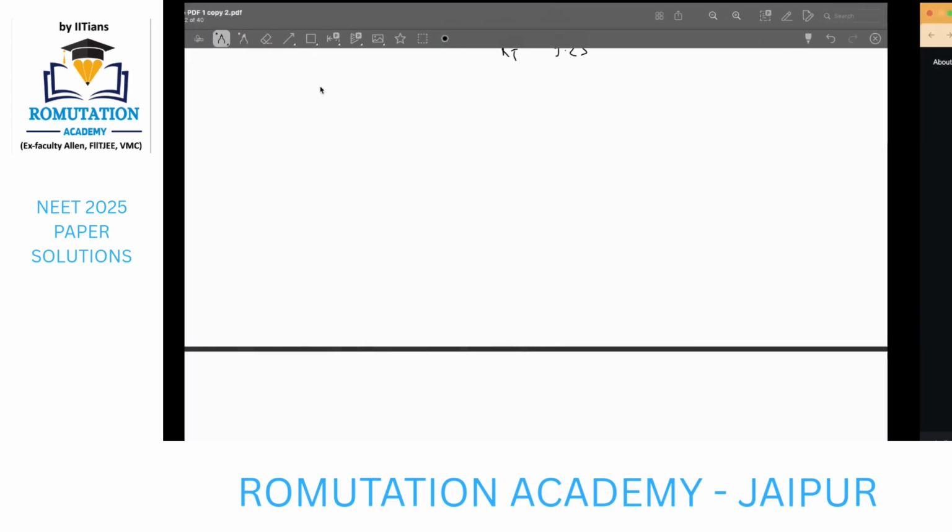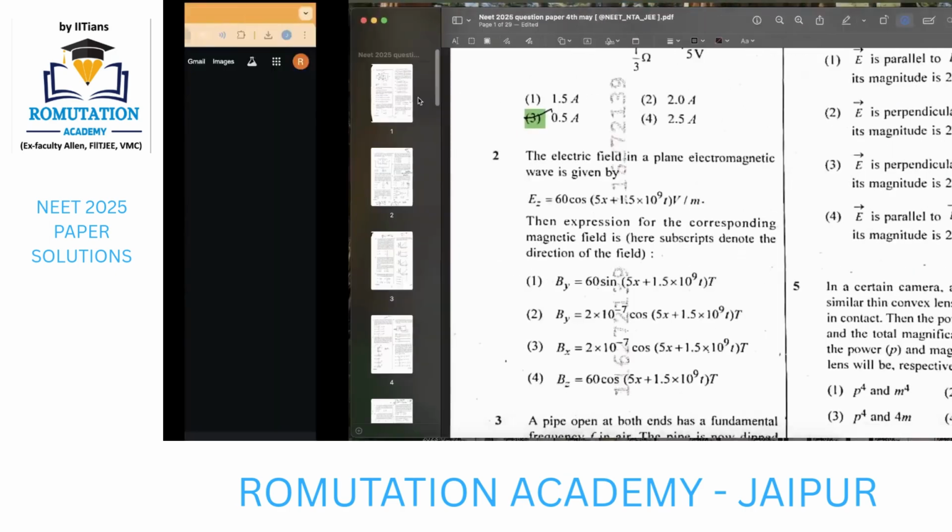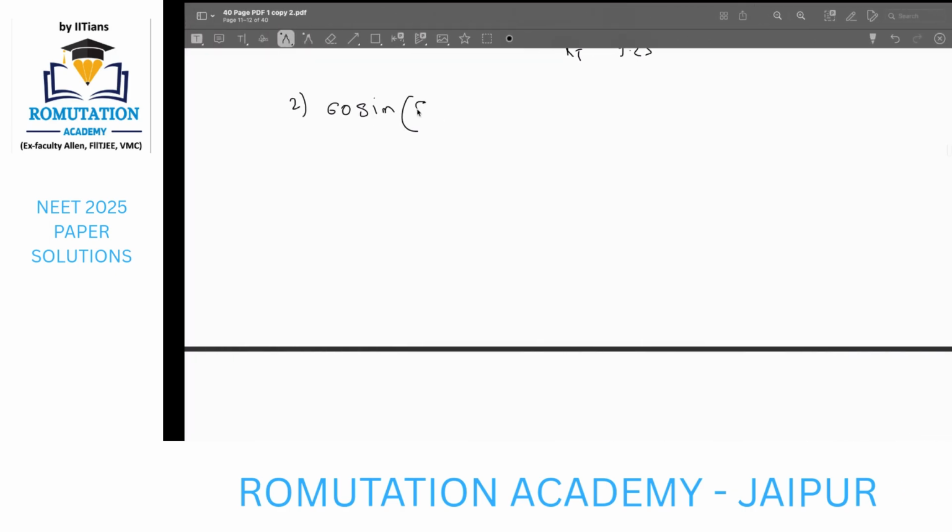That was 60 multiplied by sine of 5x plus 1.5 into 10 to the power 9 into t plus pi by 2. This is all going in the z direction because it is already given E is in the z direction.